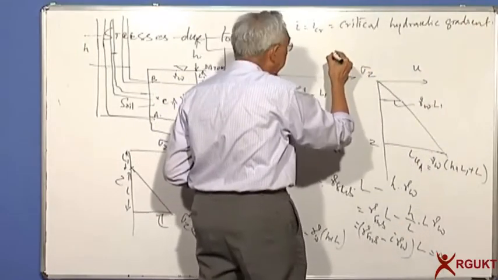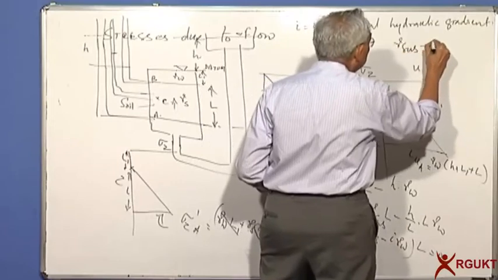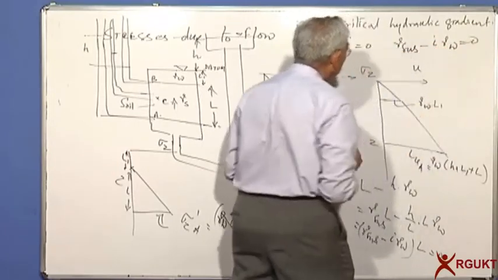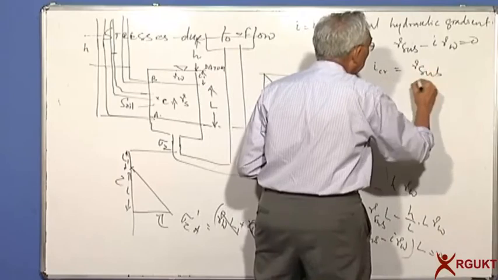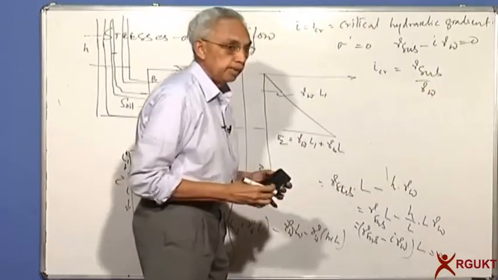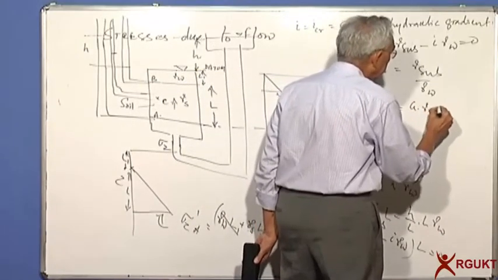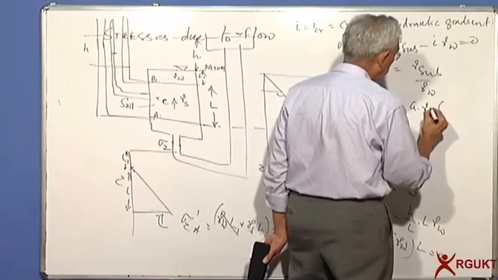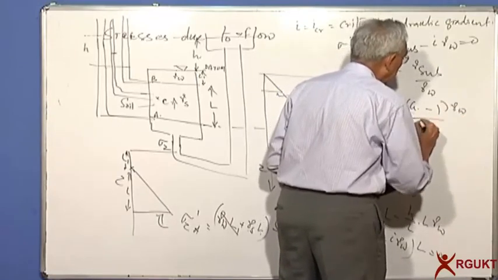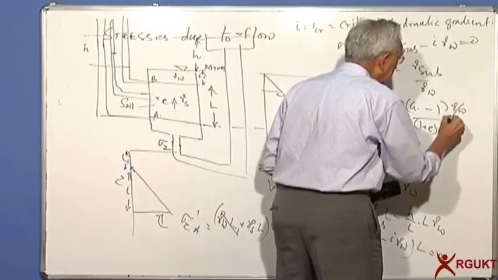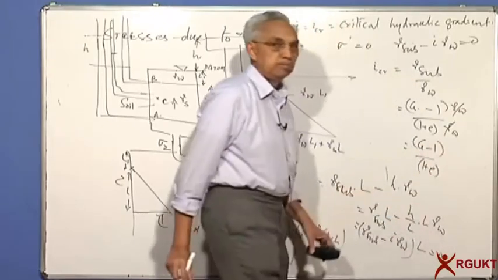which is obtained when sigma dash is equal to 0, which means gamma submerged minus I gamma W is equal to 0, and that gives us I critical is equal to gamma submerged by gamma W. If you remember, we said gamma submerged is gamma W into G minus 1 by 1 plus e, and I have gamma W. So we get critical hydraulic gradient is equal to G minus 1 by 1 plus e.